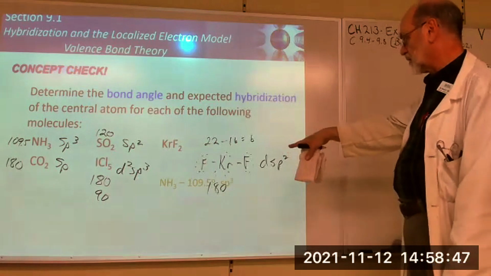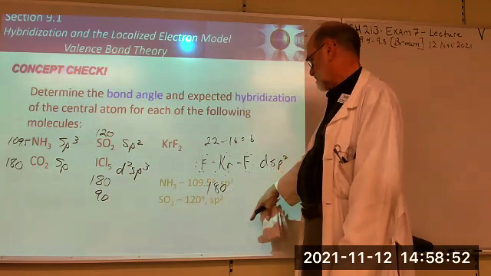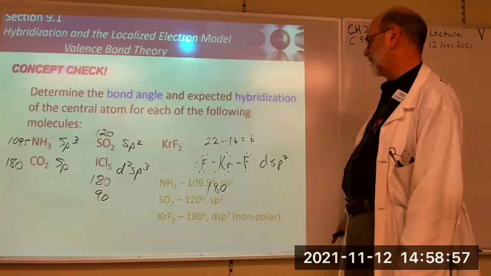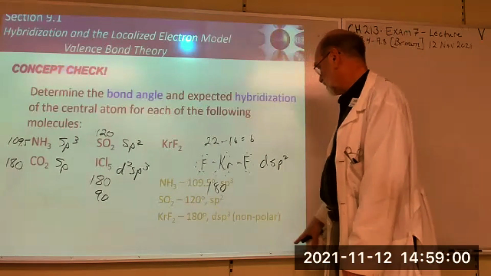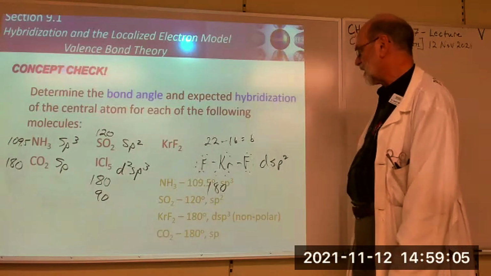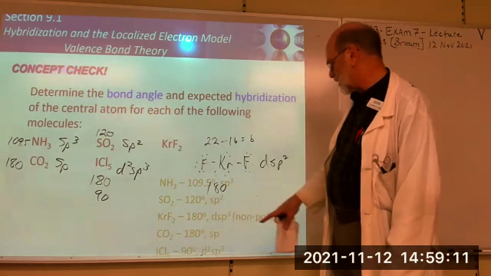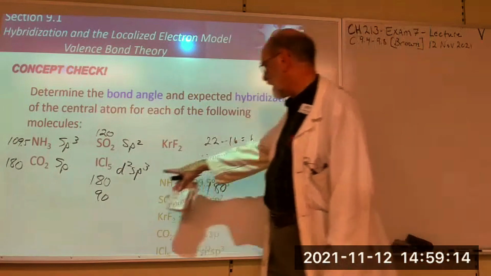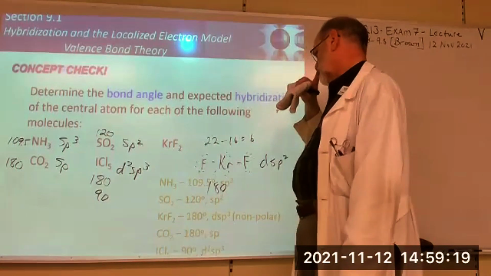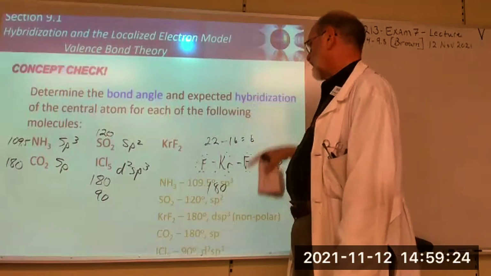All right, there's our ammonia. 120, yep, that's right. 180, nonpolar. Well, it didn't ask us polarity, but it's true. CO2 180, sp hybridized, yep. And ICl5, 90 degrees.